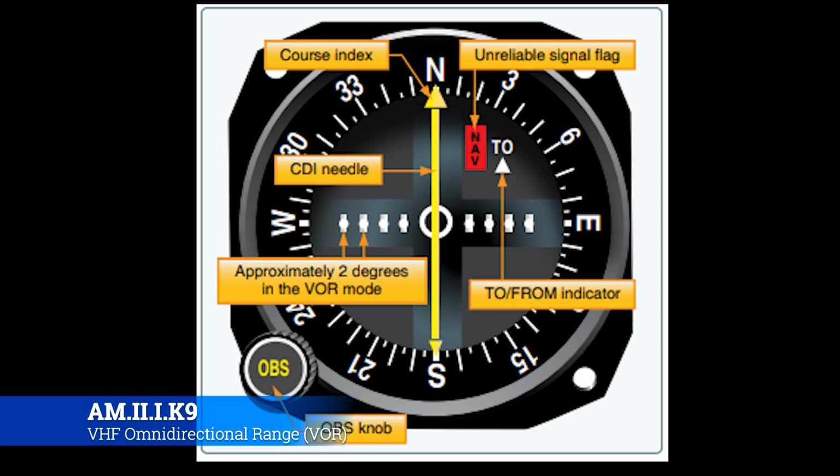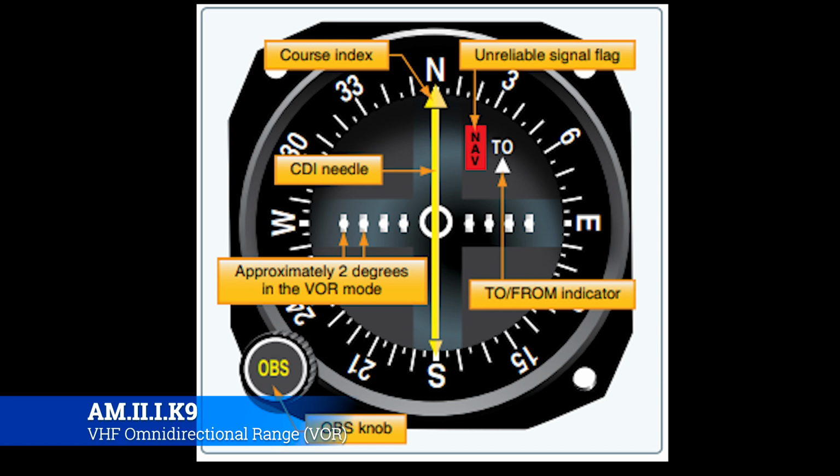Remember, the VOR is just a station; it's a fixed point in space, and it's going to kick out 360 degrees of radials all the way around. You're going to select which radial you want, and you're going to fly to that radial. If you want to be on a 3-6 radial to the station, you're going to have to fly a certain way to intercept that radial, and then from there you're going to keep on tracking it to the station or from the station, depending on which you have selected.